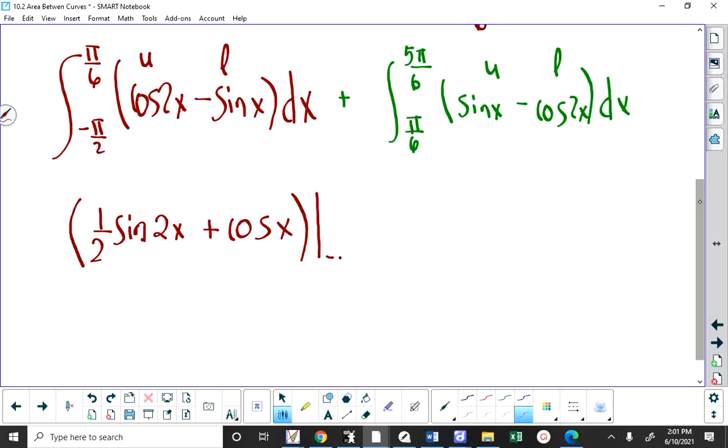This is from negative pi over 2 to pi over 6. We don't even really have to think too much here. It's going to be the opposite of what we have. Instead of having positive cos, we're going to have negative cos. And we're also going to have negative 1/2 sine 2x.